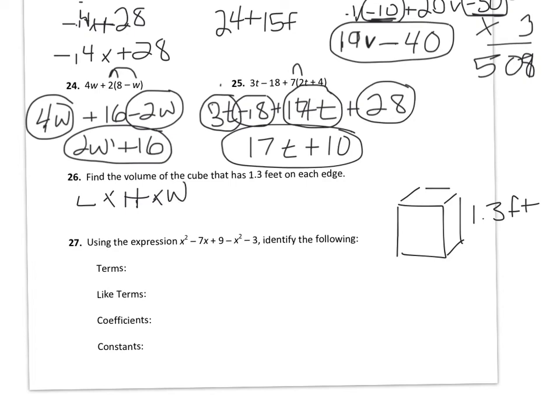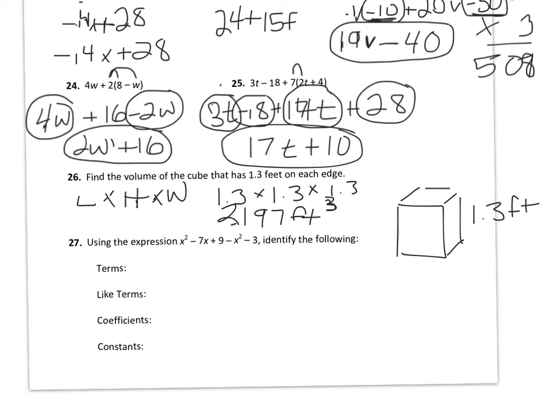In this case, they're all 1.3, so I do 1.3 times 1.3 times 1.3, or 1.3 to the third power. And that's going to give me 2.197 feet cubed, because it is a volume.